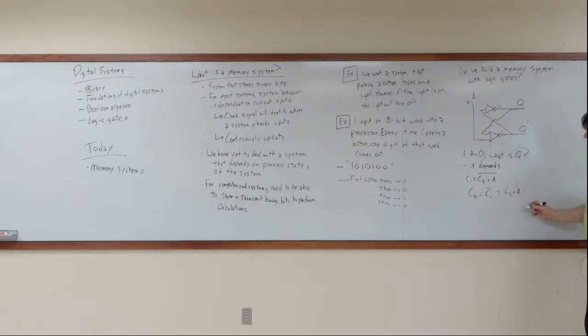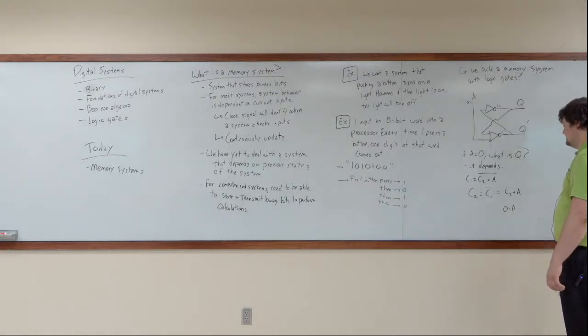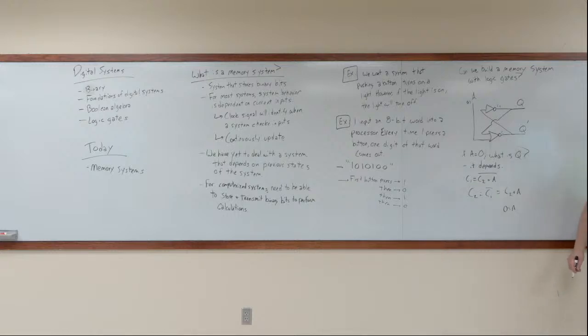Because if you do, it ends up equaling 0 is equal to A, and that isn't always true, because sometimes A is equal to 1. So this is why memory systems are a little gross.